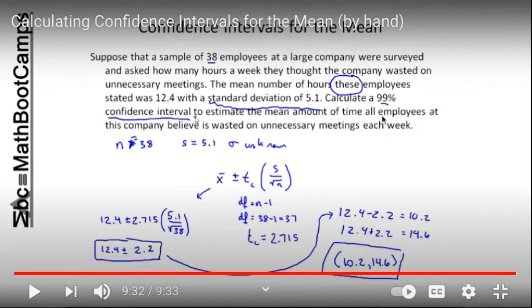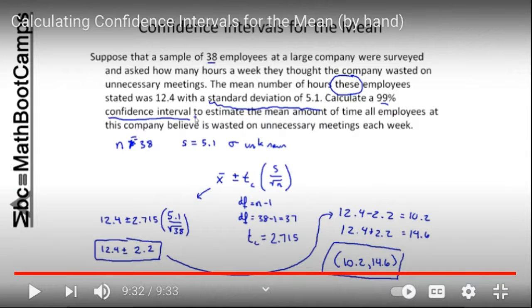Okay, so one very important thing is what she said at the end. You don't know, in this case, what the population standard deviation is, okay? So you're going to use the t-distribution to figure out your confidence intervals.